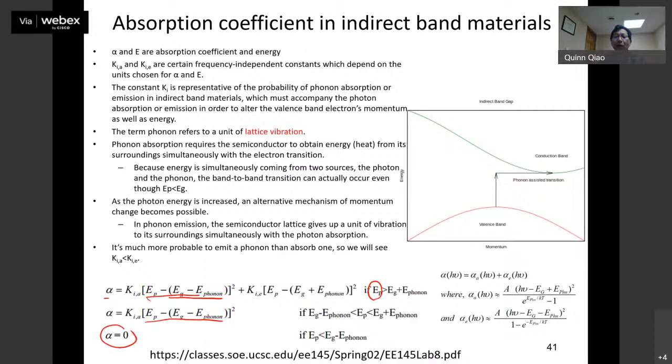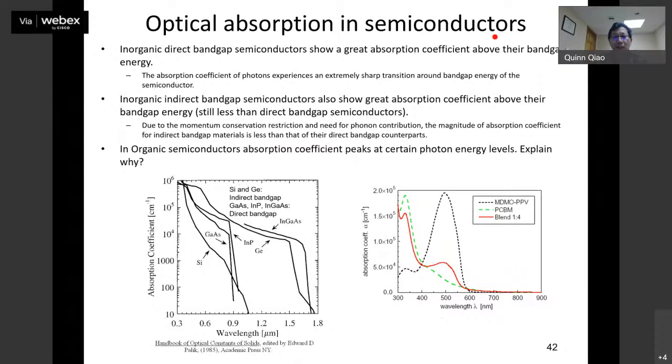Because the photon energy does not provide enough, and even plus the environment phonon energy, that is still not enough to promote electrons. That's why there's no absorption. Okay, that's why for an indirect band gap it's pretty complicated.